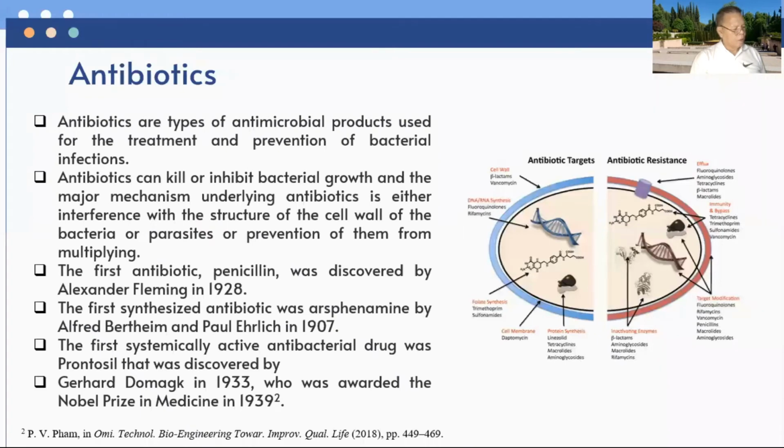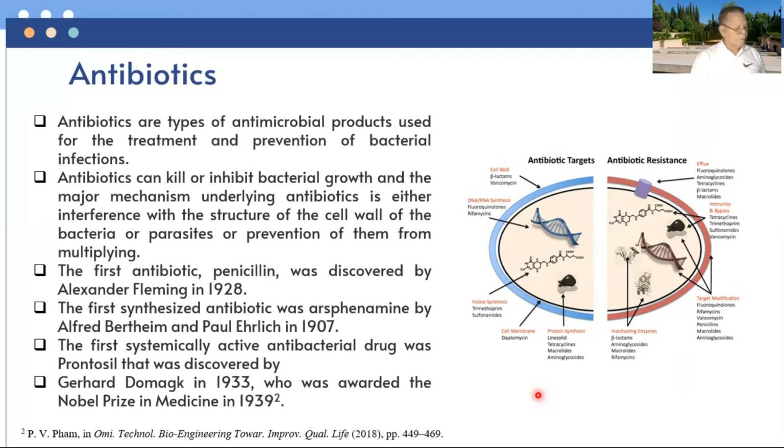Antibiotics are a type of antimicrobial product used for the treatment and prevention of bacterial infection. Antibiotics can kill or inhibit bacterial growth, and the major mechanism underlying antibiotics is either interference with the structure of the cell wall of the bacteria or parasite, or prevention of them from multiplying.